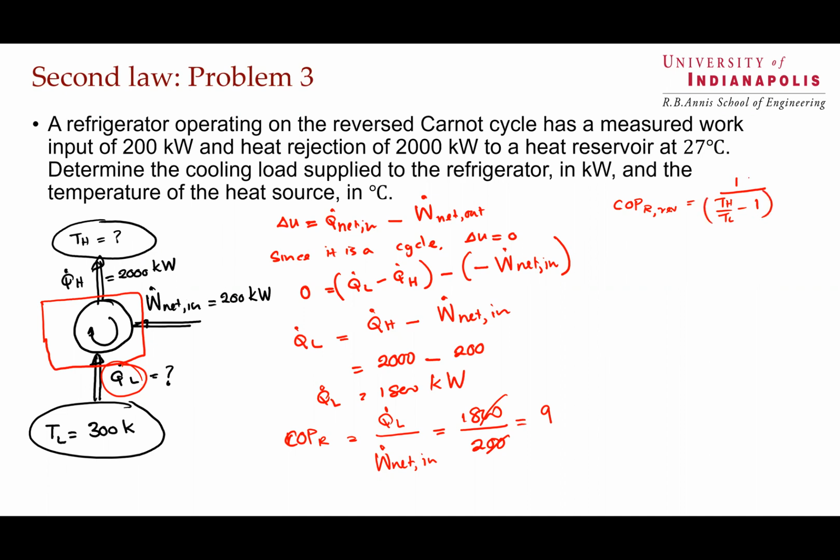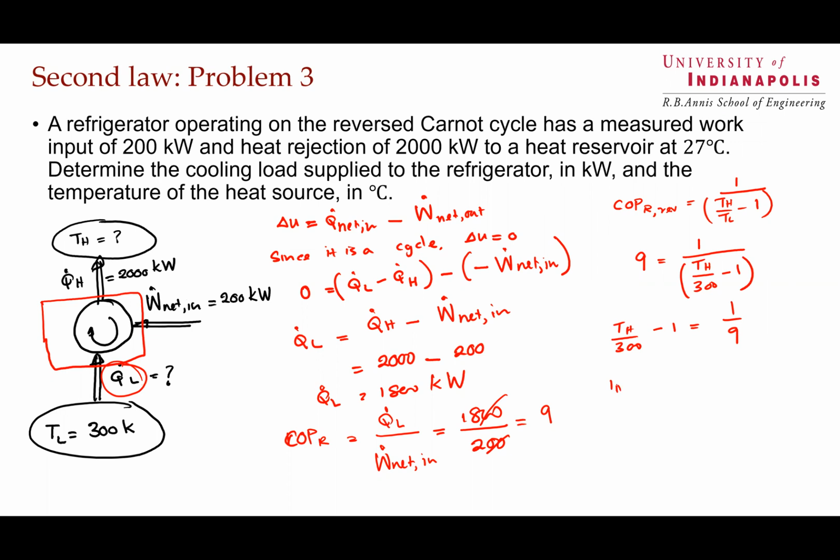It is given that this works on a Carnot cycle, so the one that we calculated, 9, is equal to this. So we have 1 over TH over TL, TL is 300, minus 1, and we can solve for TH. TH divided by 300 minus 1 equals 1 over 9, right?